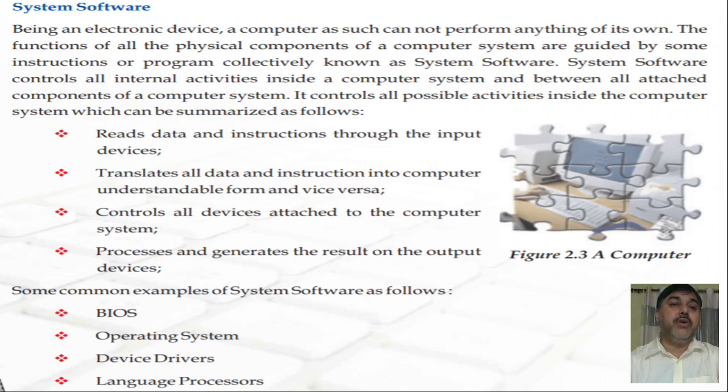Now when we are talking about this, one thing that we cannot leave out is system software. System software, as the name says, means there should be some system. In each and every system we have some software, which means we have some electronic devices there.